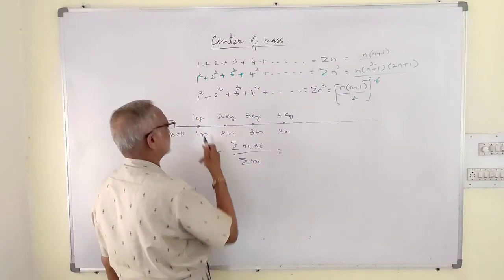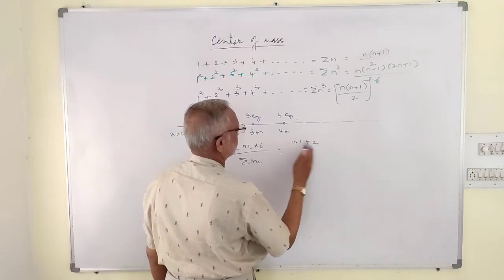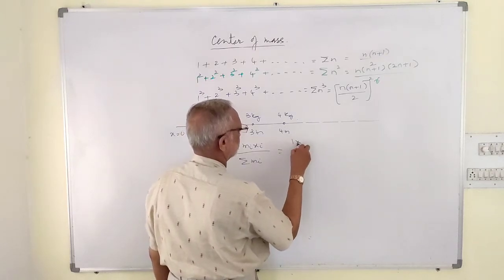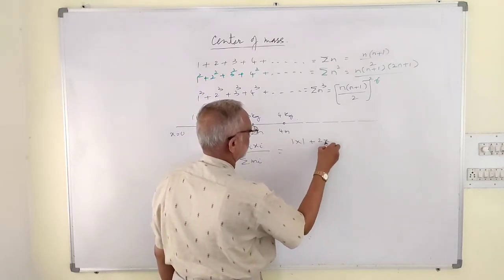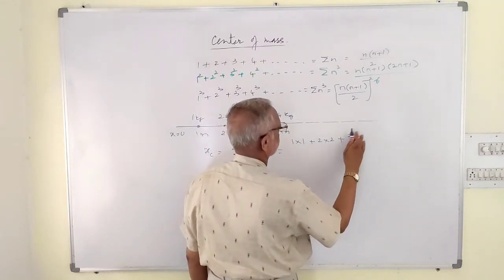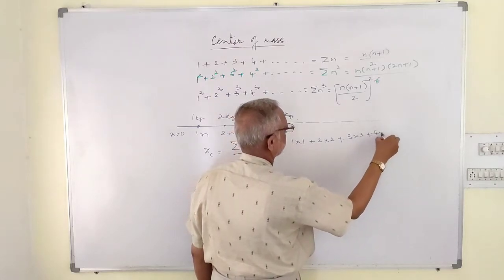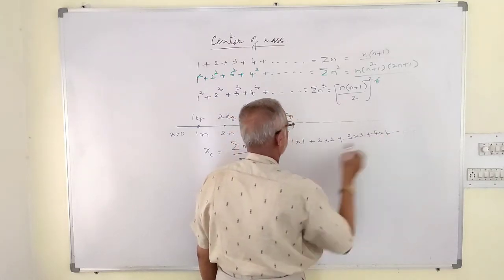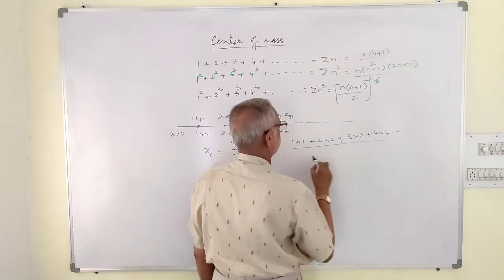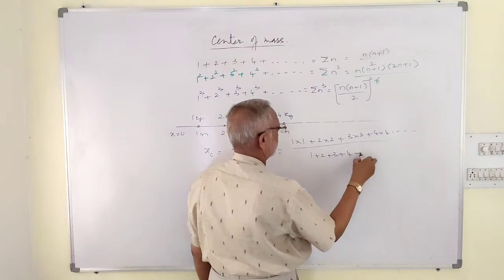Now let us write mi xi. 1 into 1 plus 2 into 2 plus 3 into 3 plus 4 into 4 and so on, divided by 1 plus 2 plus 3 plus 4 and so on.